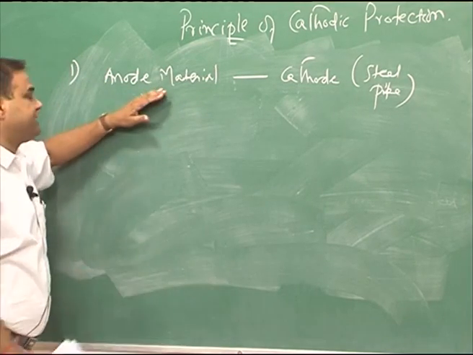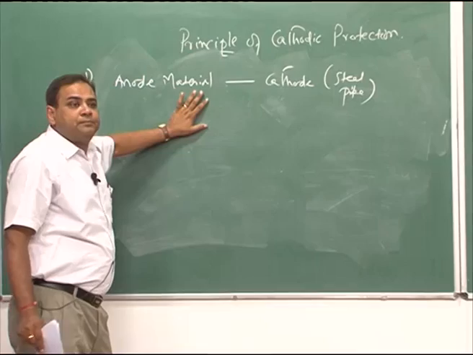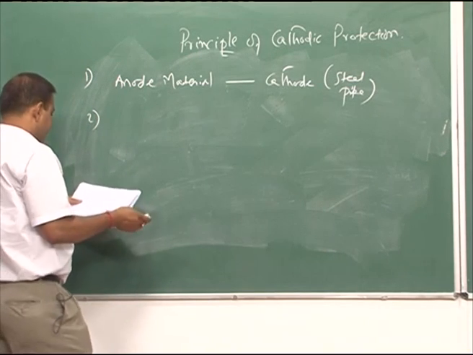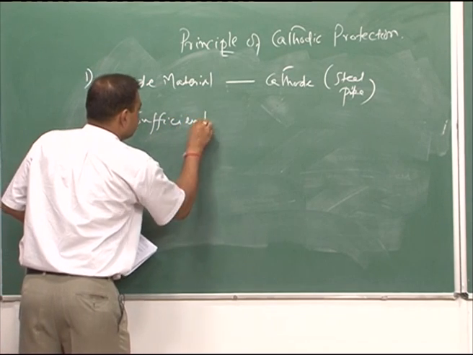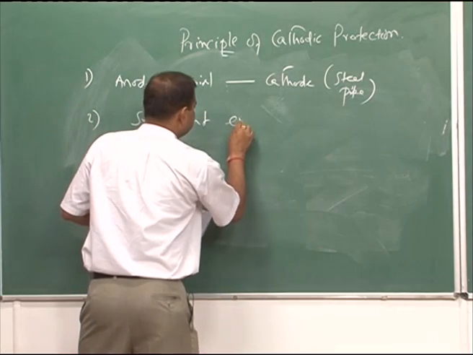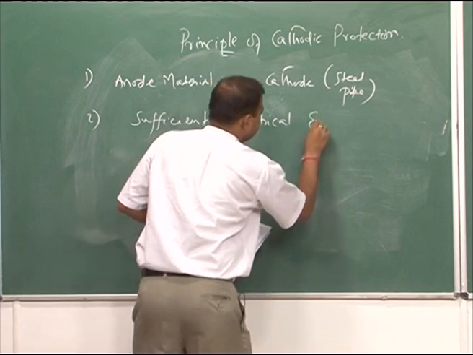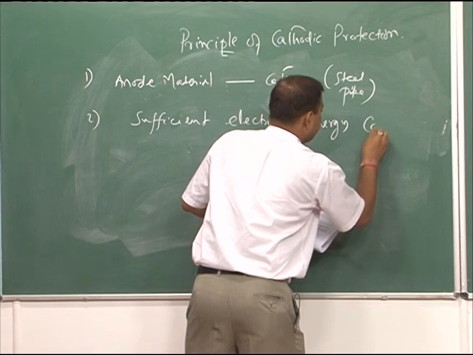Of course, this will be negative and this will be positive. If we have sufficient potential difference between these two, then only we can go for this method. Second, it should have a sufficient electrical energy contact.